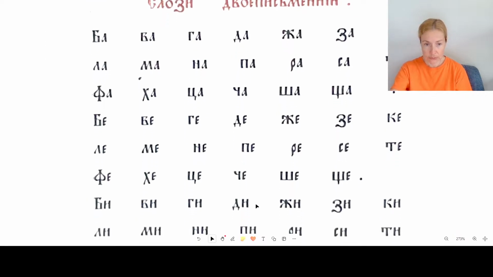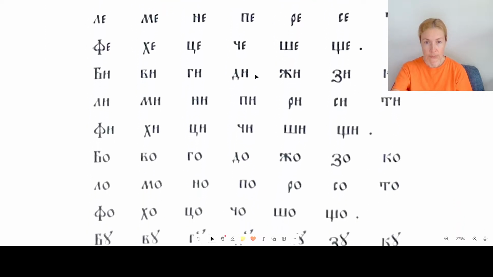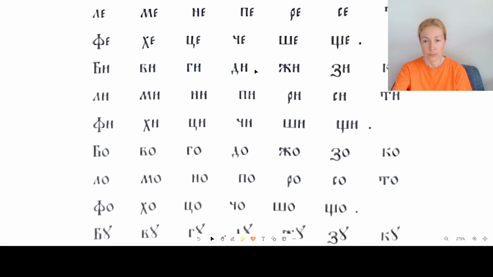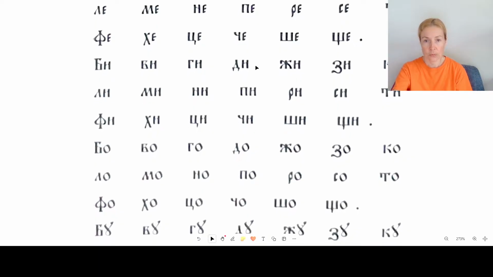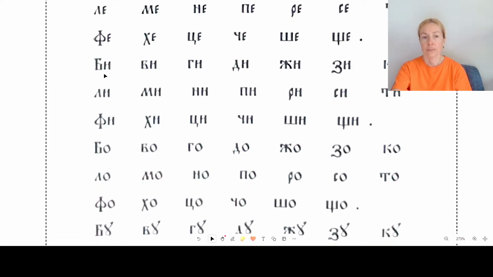Now let me move. So now we have the vowel E. And let's read the syllables with the vowel E. I'm not going to separate them anymore, okay? I'm just going to read the whole thing.